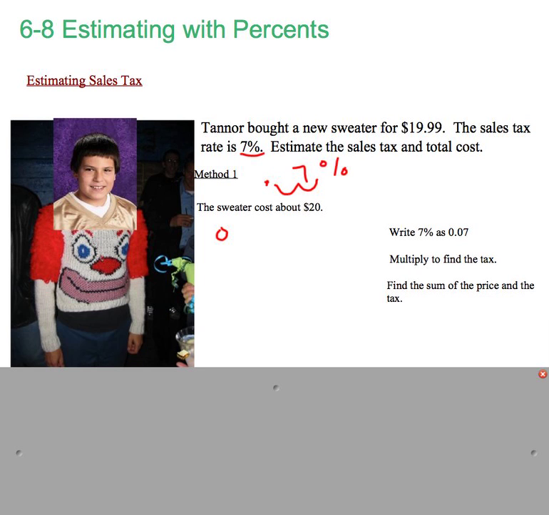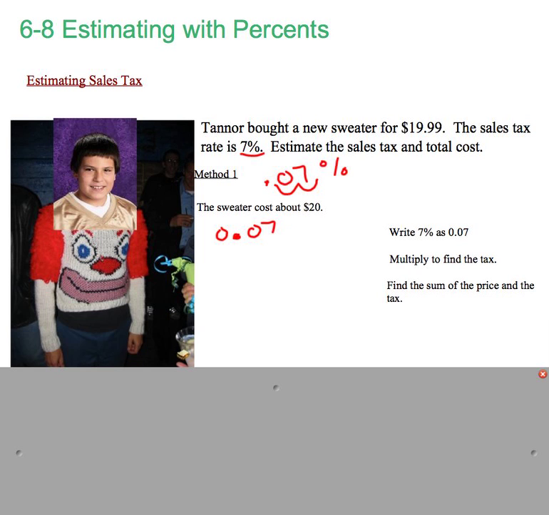Well, in this case, we've got a blank space, so we fill it with a 0. So 7% we write as 0.07 or 7 hundredths. And if you think about that, that makes sense because 7% means 7 out of 100. So as a decimal, it would be 7 hundredths.